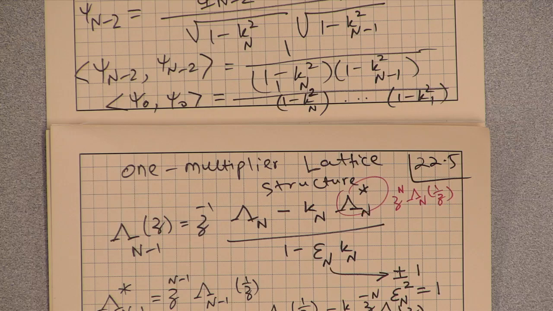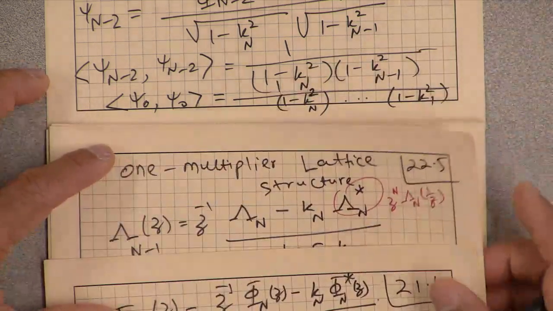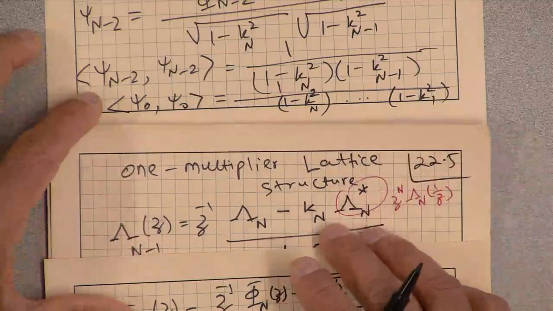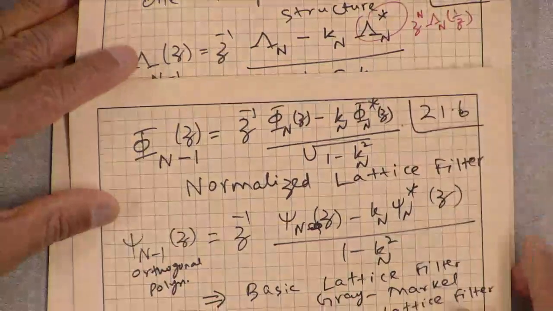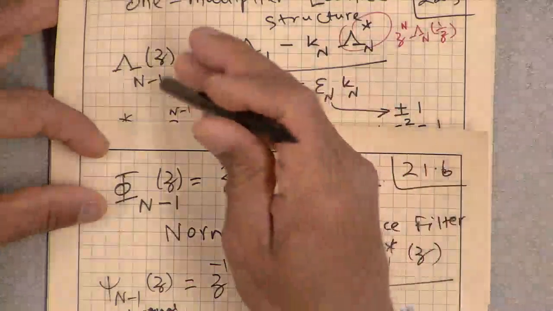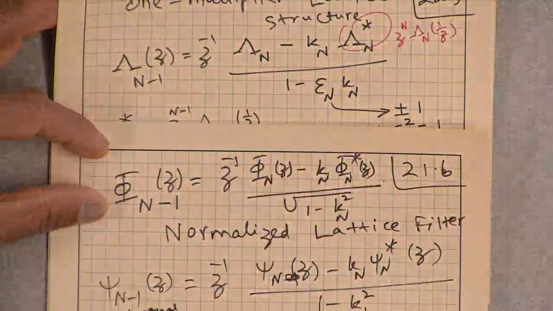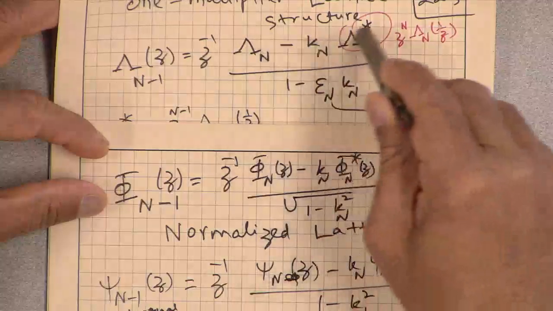So think about lambda n as the same as psi n, the same as phi n. How can I express lambda n minus 1 in terms of phi n minus 1? And when I compute that for degree n, these are the same, so the numerator will cancel out.